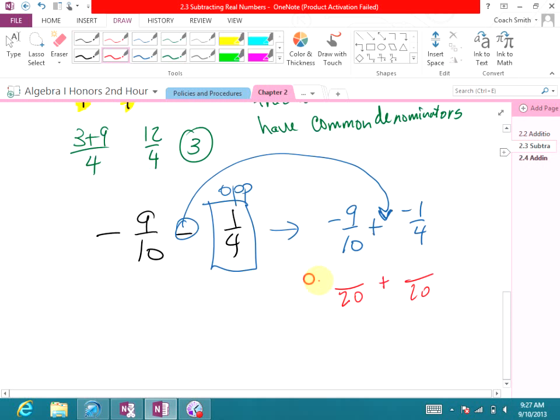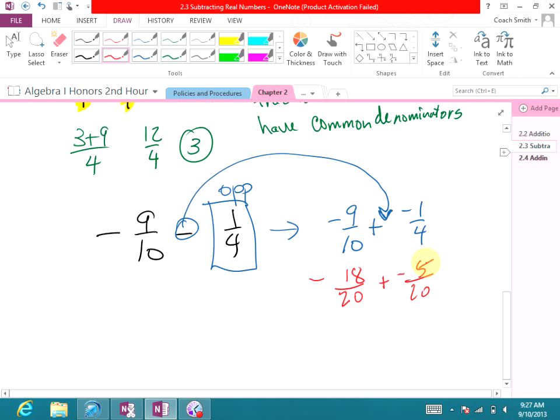If I change the bottom number to 20, what's my top number going to be on my first fraction, Michael? It's 18 here. What's my other one? Caleb? 5.